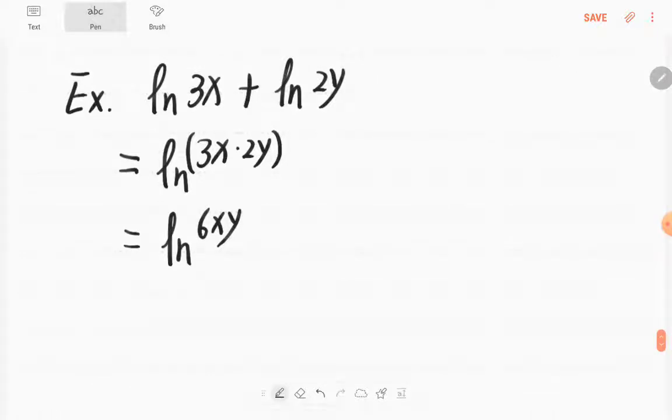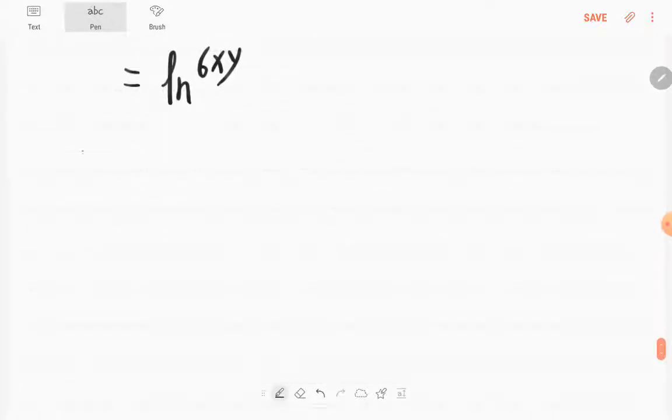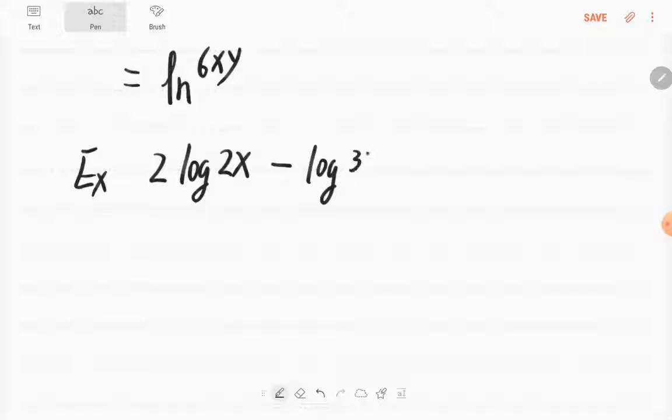If you have 2 log of 2x minus log of 3y, we want to condense this expression. So the first thing is we want to put this 2 inside the log. But we know if the number in front of this log, if you put it inside, it would be the power of this part, right?